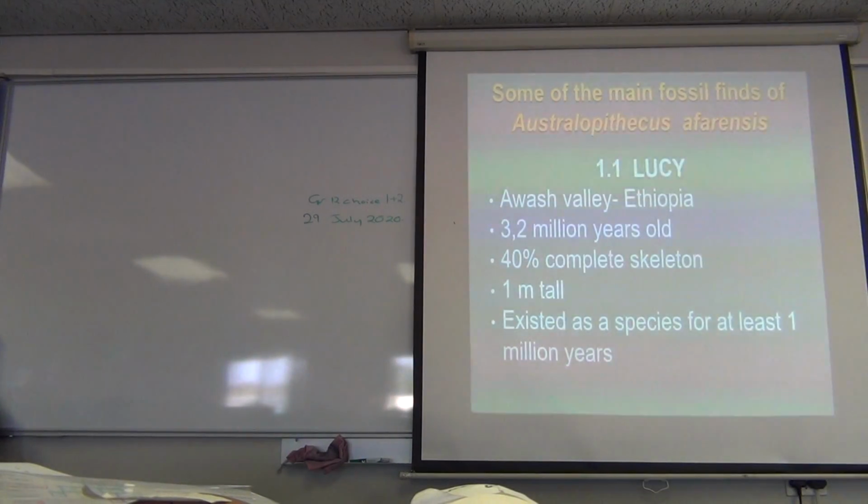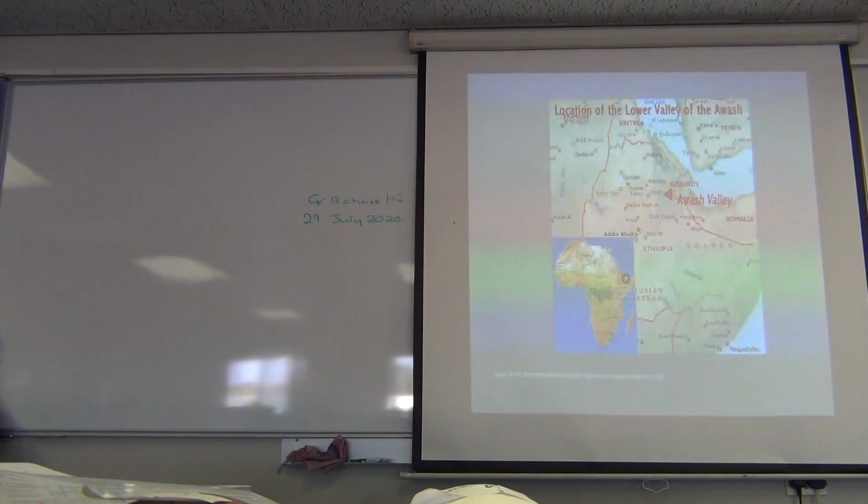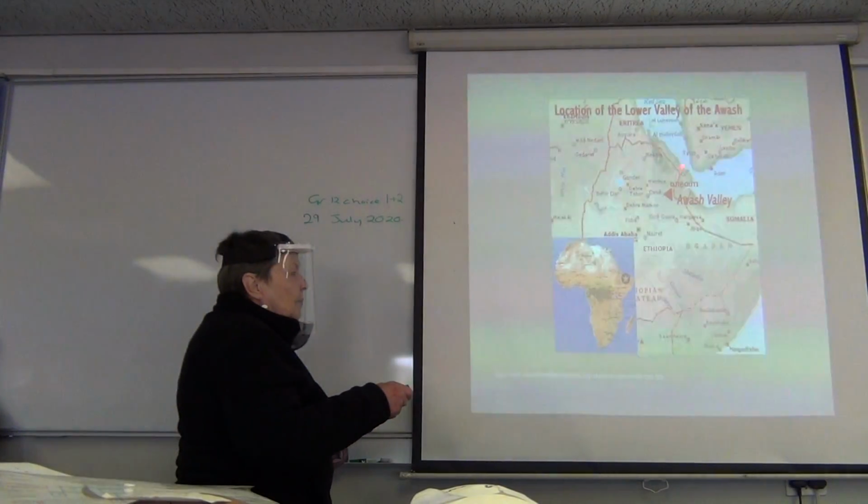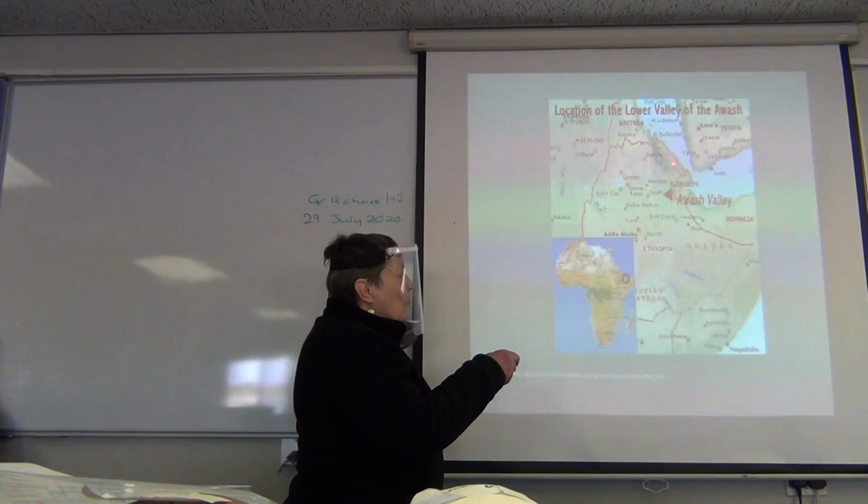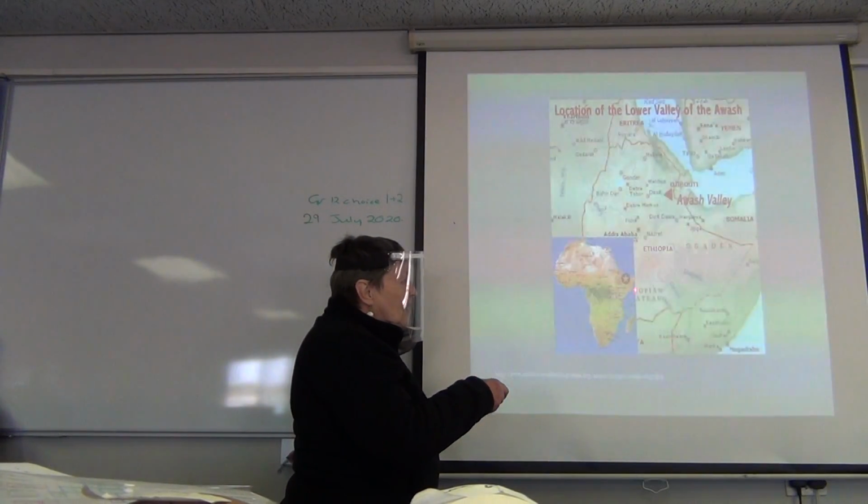So pretty short. Okay. So there you've got a map of Africa, and this starred region here. So there's Ethiopia. Not the actual Horn, because that's Somalia. But that starred region is the Awash Valley. And this is part of the Great Rift Valley, and conditions for formation of fossils were excellent in this region.